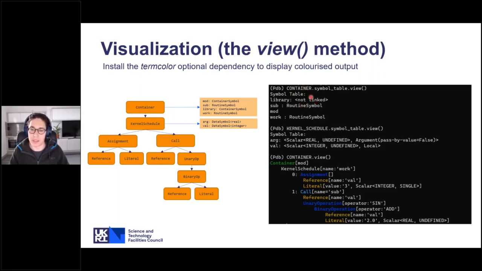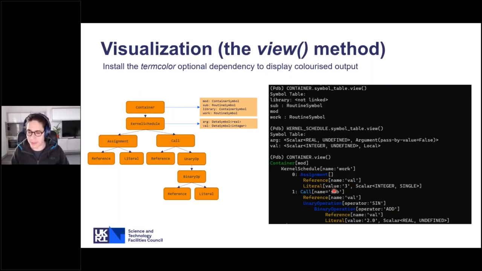So in this example here, you can see that I'm visualizing the container symbol table, which is this symbol table here, the kernel schedule symbol table, which is this symbol table here, and then the container node, which is this, and it visualizes the whole tree.